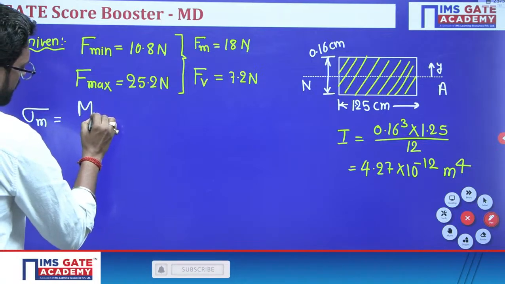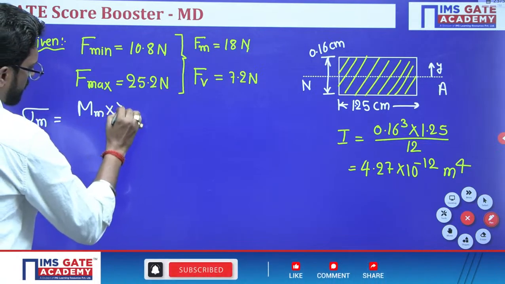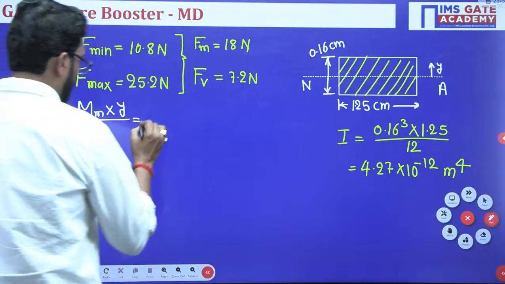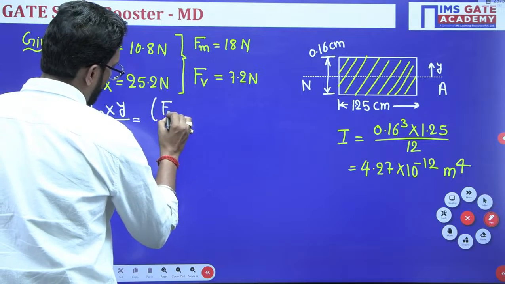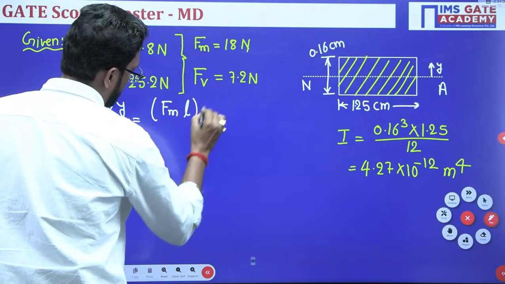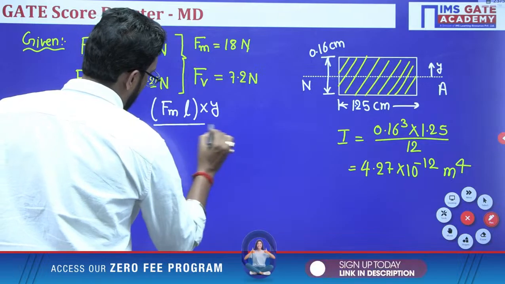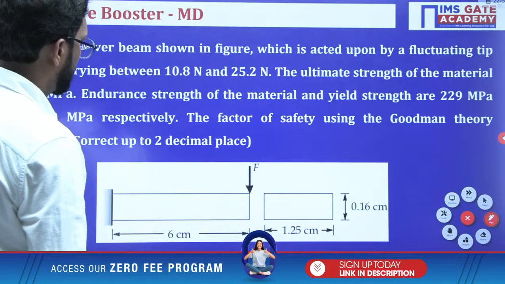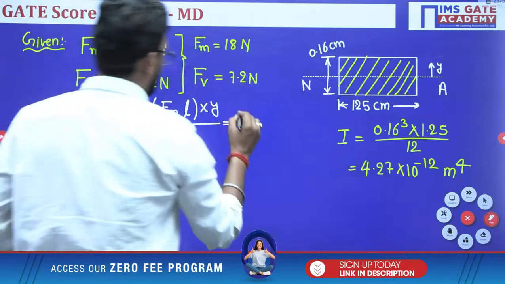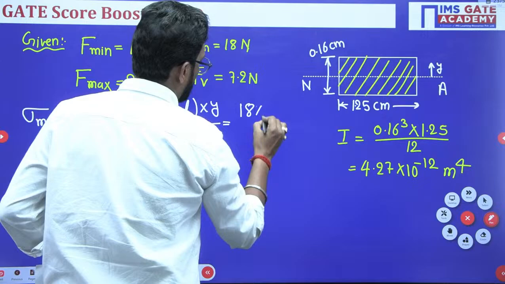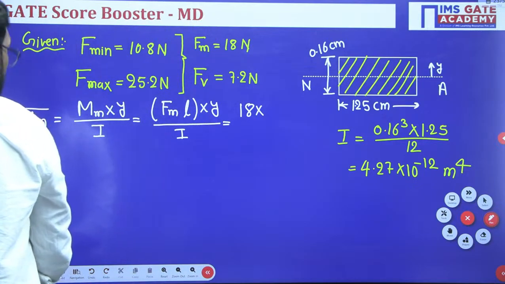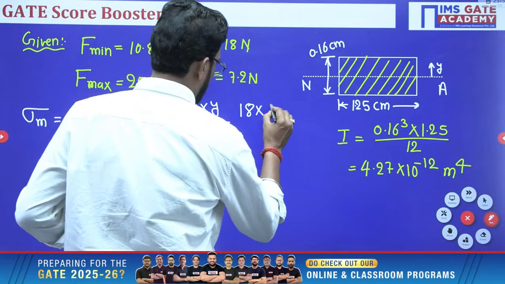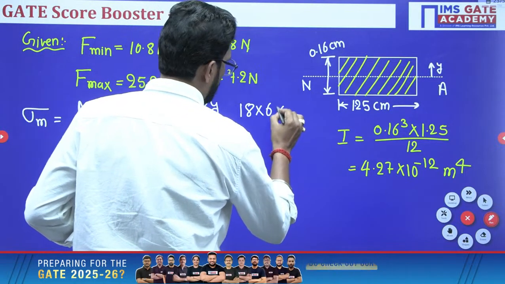Mean bending moment, M into distance from the neutral axis divided by I. So mean force is 18 cross length, and the length of the shaft is given as 6 centimeter, so 6 cross y.